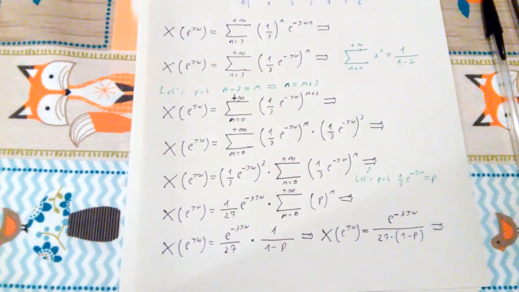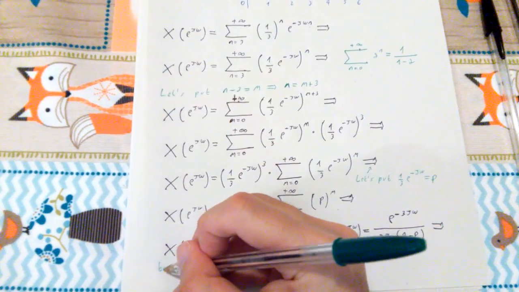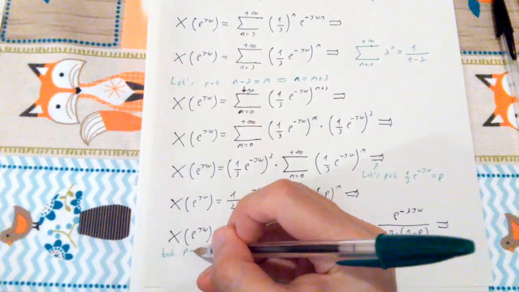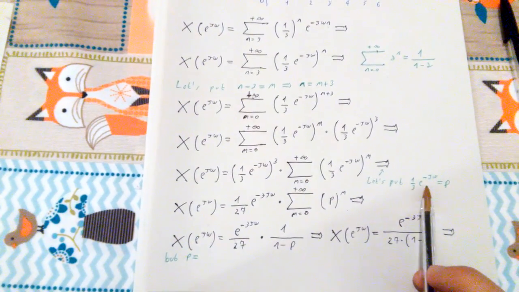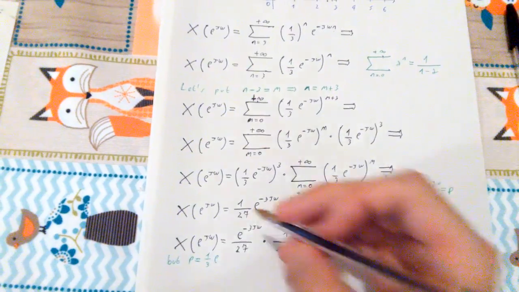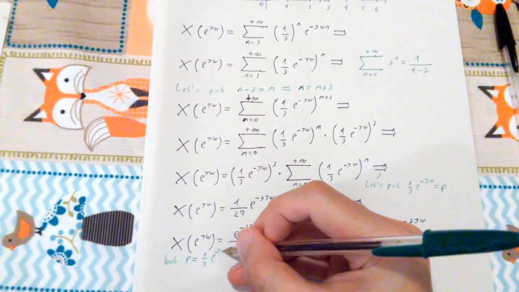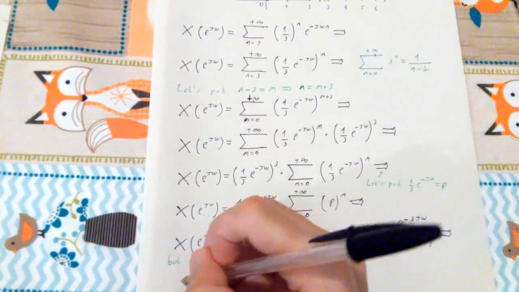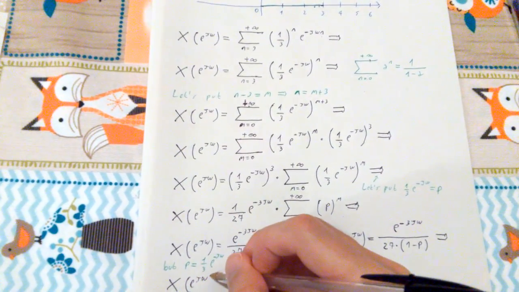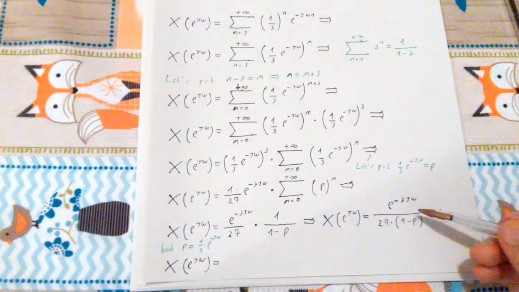But p was actually 1 over 3 e to the negative j omega. So our final result is going to be X of e to the j omega equal to this.